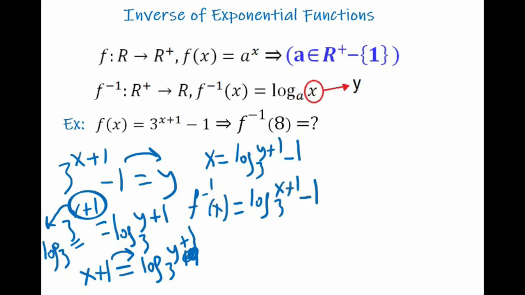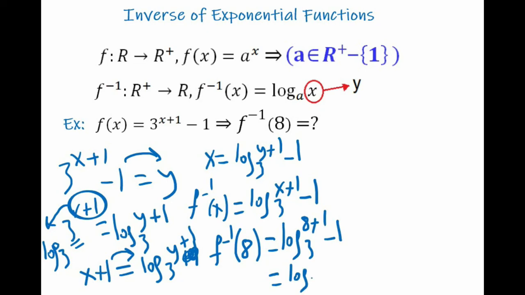And we are asked to find the value of 8 of the inverse function. So I need to put 8 instead of x here. F of -1 of 8 is equal to, guys, logarithm of 8 plus 1 in base 3 minus 1. 8 plus 1 is 9. So logarithm of 9 in base 3, 9 is 3 squared, right? Minus 1.